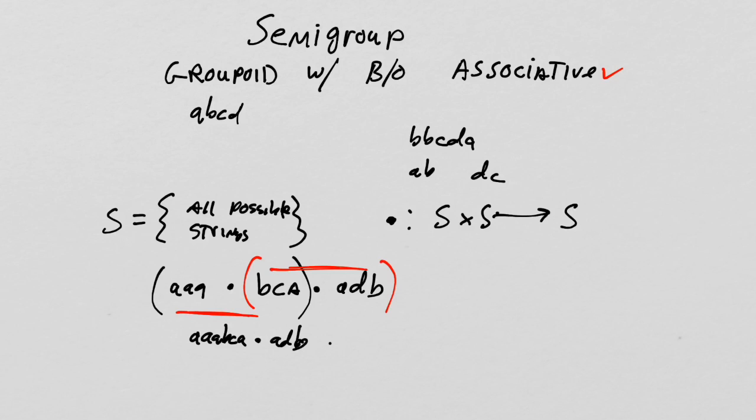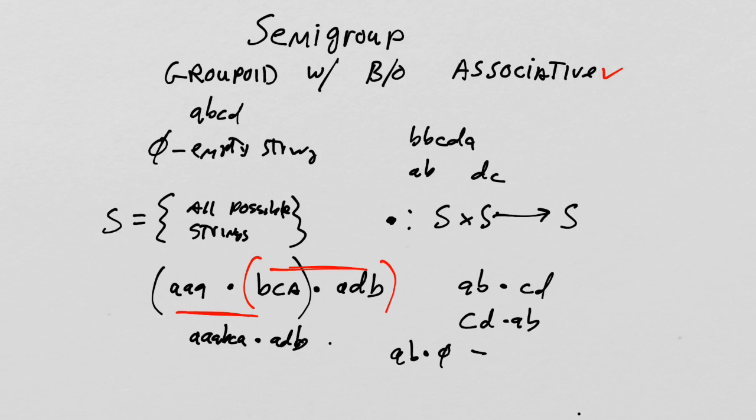But it's not commutative, right? Because clearly AB times CD is not CD times AB. So it's not commutative. And it also doesn't have an identity. There's no identity string. Every string has at least one element because I have not defined an empty string. So if S does not contain an empty string, there's no identity element, so I can't say AB concatenated with the empty string equals AB.